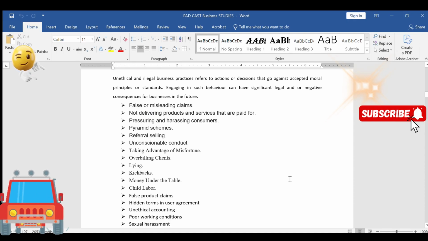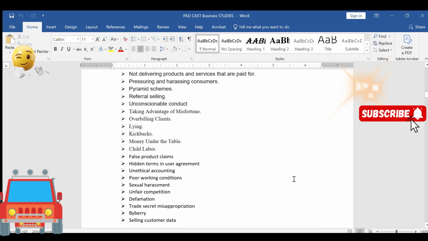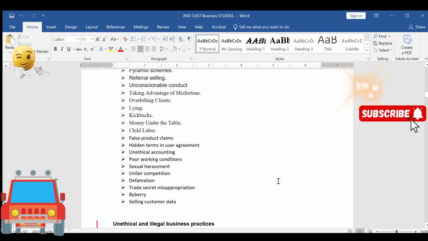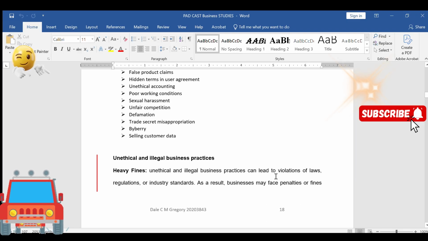False or misleading claims, not delivering products and services that are paid for, taking advantage of misfortune, lying, kickbacks, money under the table, child labor, false product claims, hidden terms in users' agreements, unethical accounting, poor working conditions, sexual harassment, unfair competition, defamation, selling customers' data, all wrong.